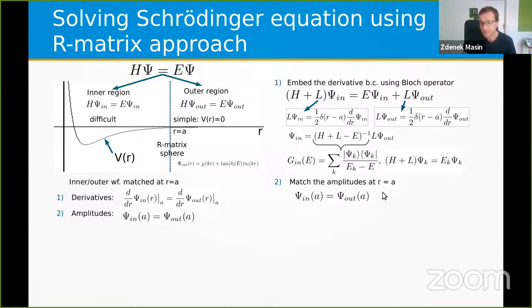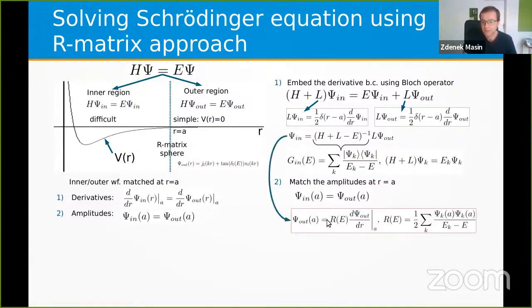The last step that we have to make is to match the amplitudes of the solution from the inner region and the outer region. So we have now the expression for the inner region wave function in terms of the Green's function, and we just evaluate it at the boundary and set it equal to the outer region solution. So we get the fundamental equation of the R matrix. This is the matching equation that's stated in every R matrix talk.